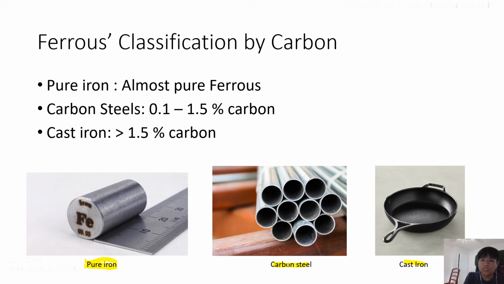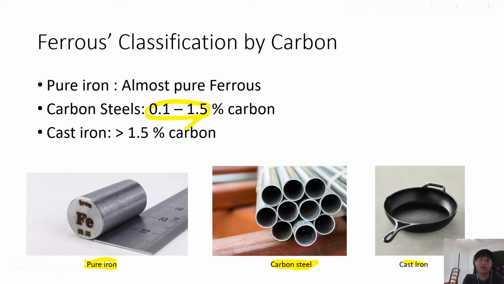Carbon steel is the most widely used metal in the world. As you can see, it is a structural material, very sturdy, because by adding 0.1 to 1.5% carbon, the iron becomes more sturdy, more rigid.